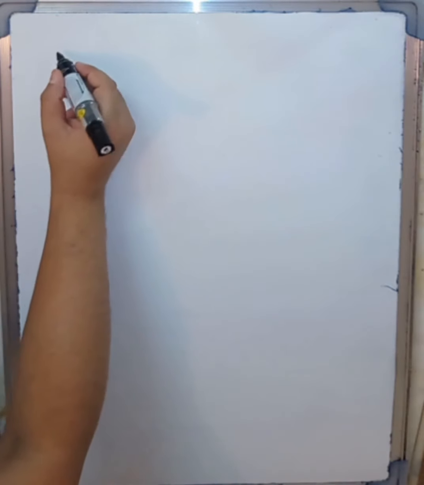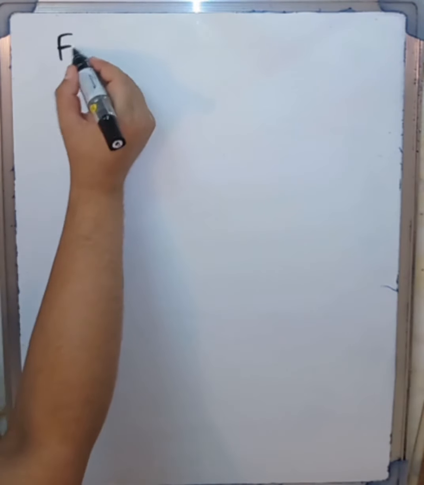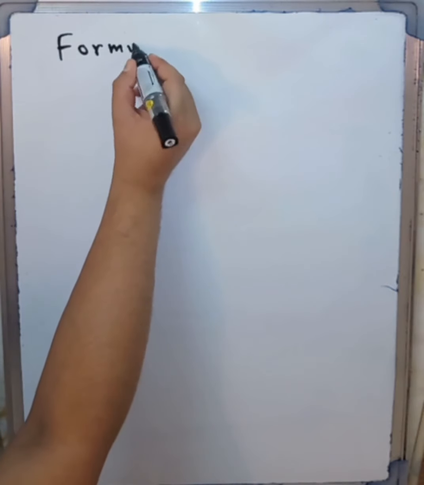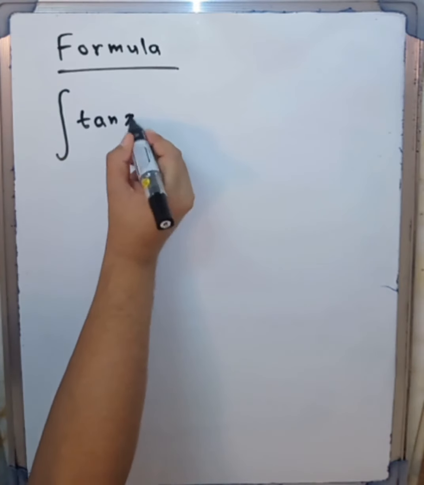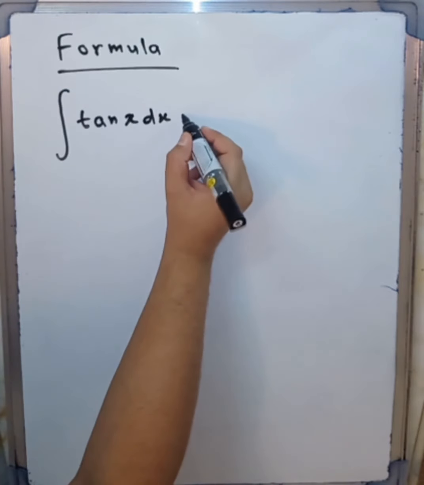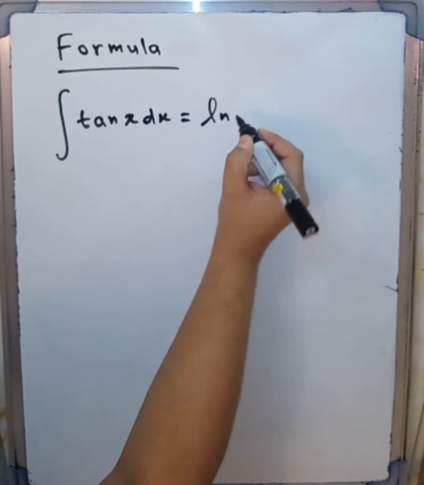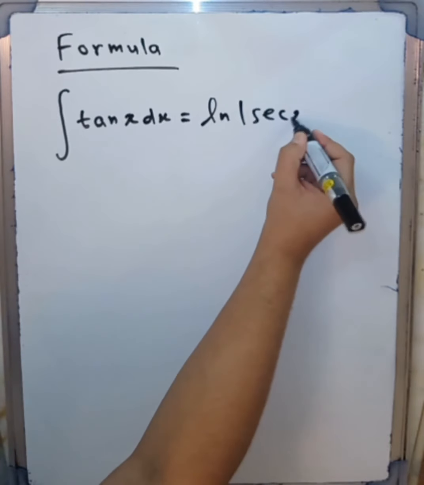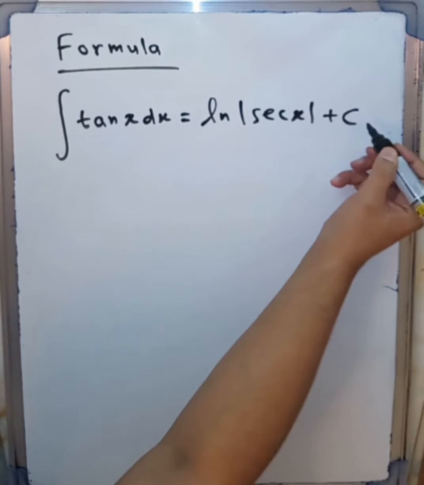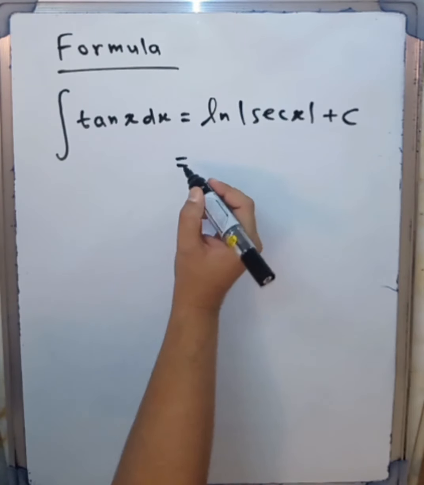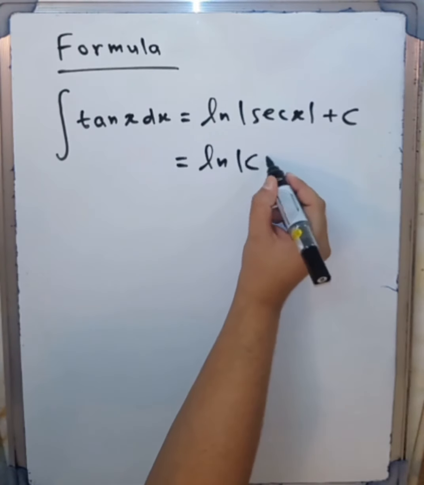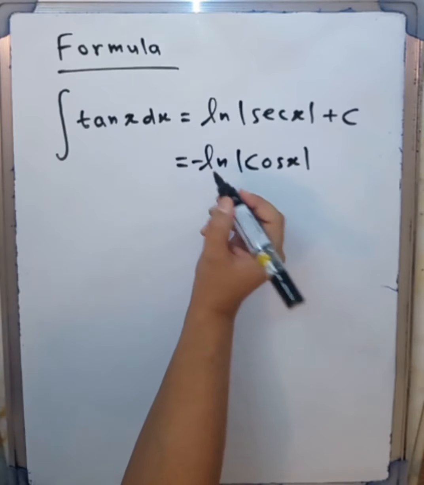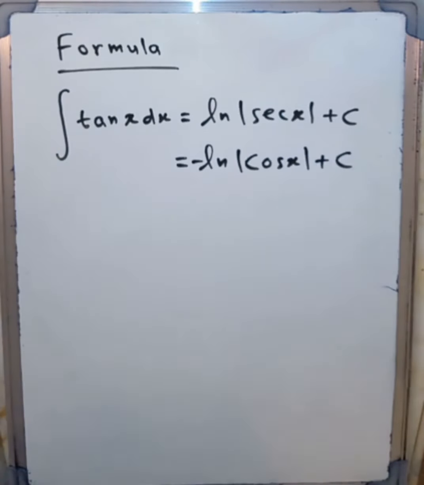So we will write all the four formulas. Integral tan x dx is equal to ln absolute value of secant x plus c, or we can write it as negative ln absolute value of cos x plus c.